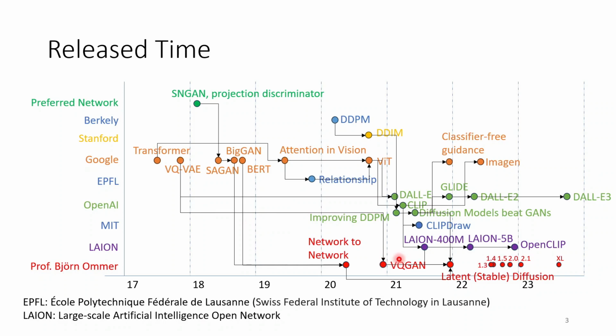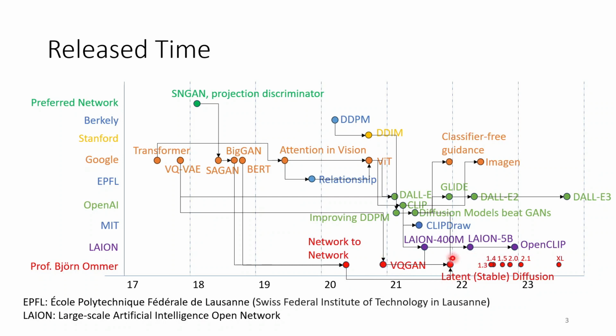And VQGAN is the second paper released by Professor Ommer's lab. Here, they try to create images from text input, and for VQGAN, they try to generate images from latent space.